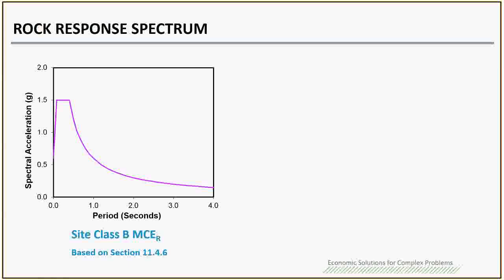Then you use Fa and Fv based on your site class. Basically this is site class B, so Fa and Fv will be 1.0. Then you will determine the spectrum based on Section 11.4.6.